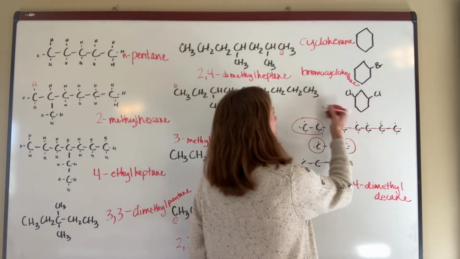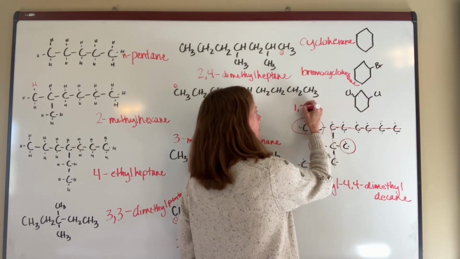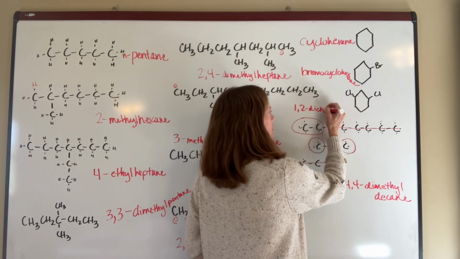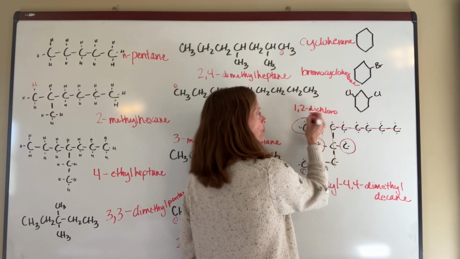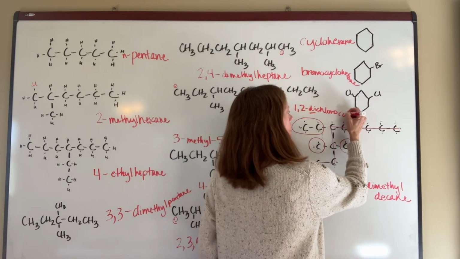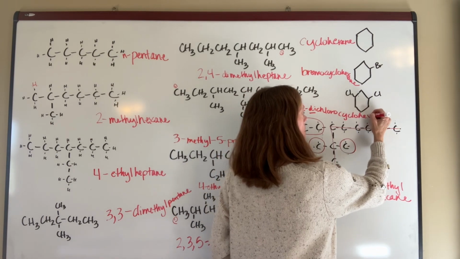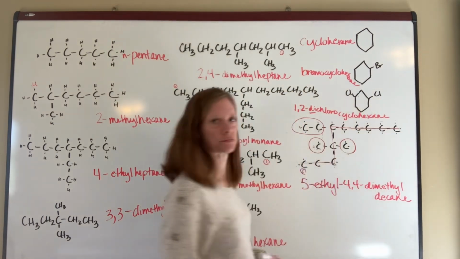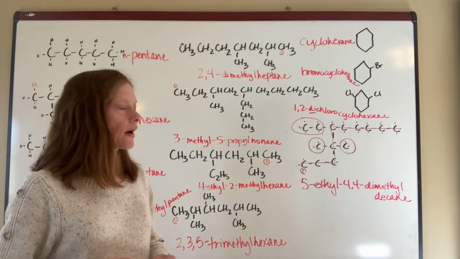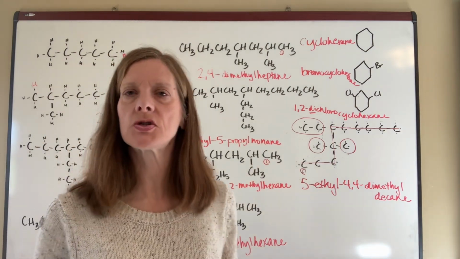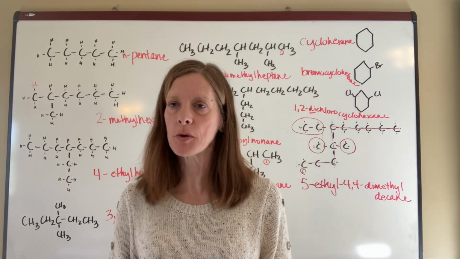So this one would be named as 1,2 dichloro, notice that the prefix is there again, dichloro cyclohexane. Okay? All right, so the first crash course in how to name saturated hydrocarbons, all alkanes.